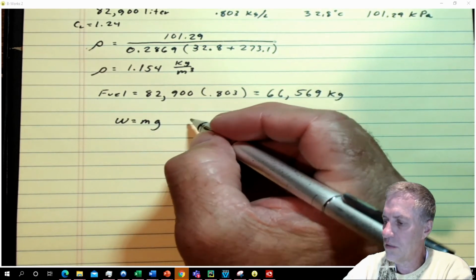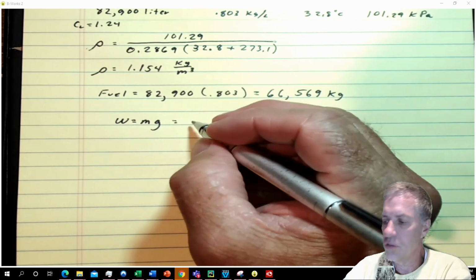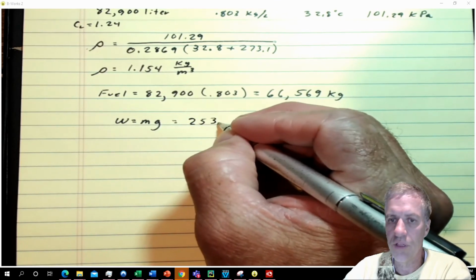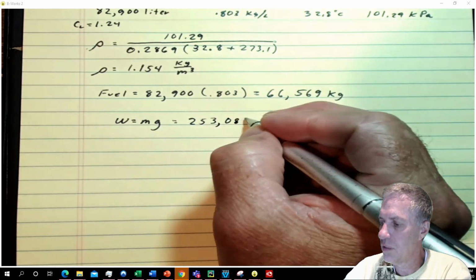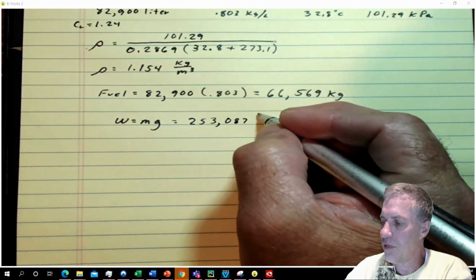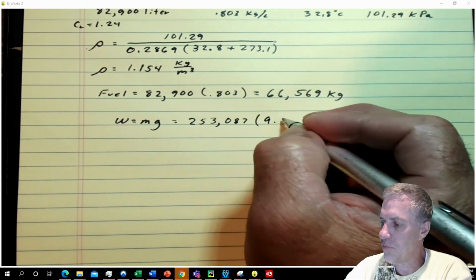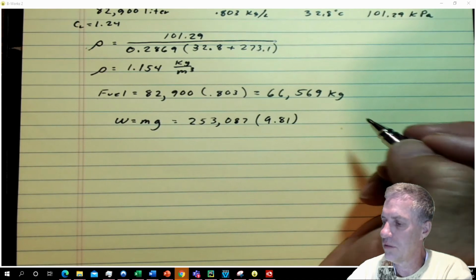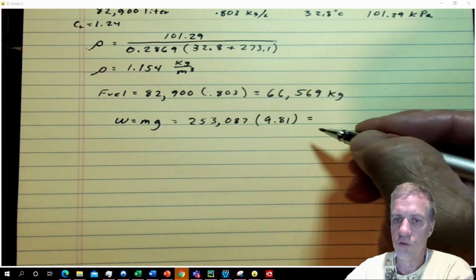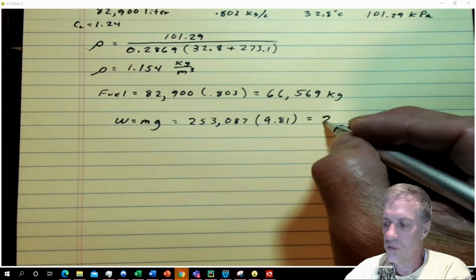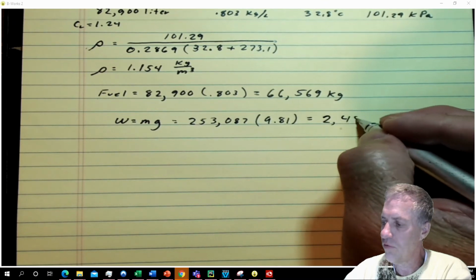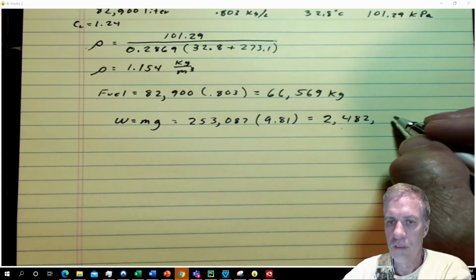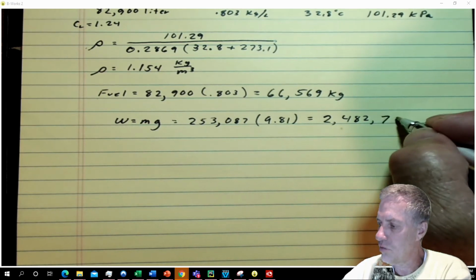Okay, so our weight equals, our mass was 253,087 kilograms times 9.81 meters per second squared, which equals 2,482,782 newtons.